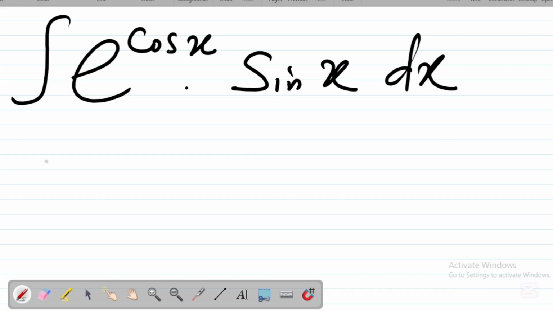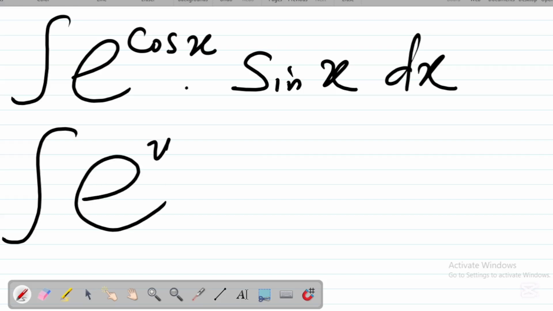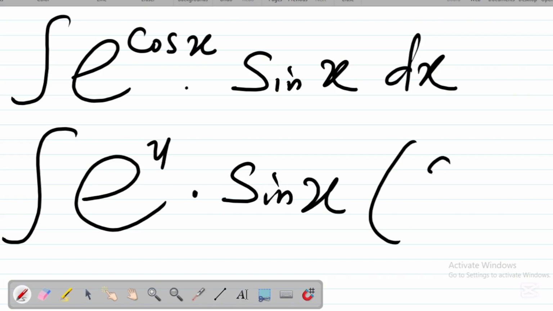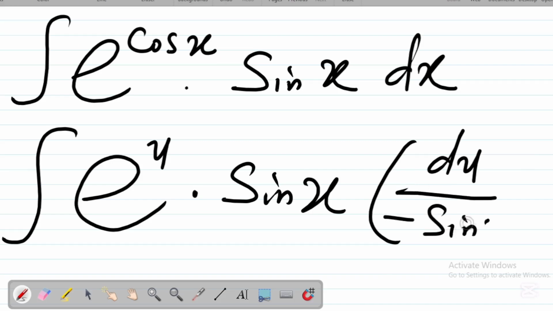So if we substitute, we would have the integral of exponential u multiplied by sine x multiplied by du all over negative sine x.